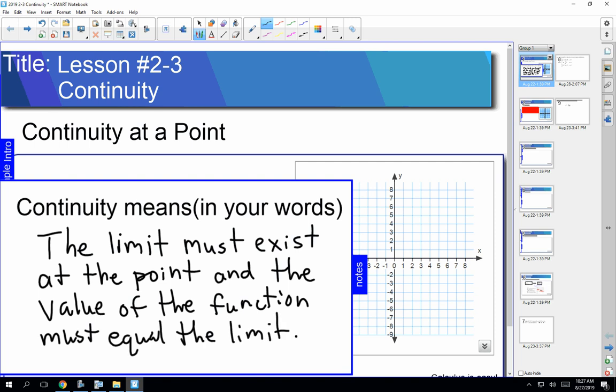And that really is the definition of continuity. That's better than what we would have expected in your own words, but we had that activity yesterday. So that is continuity at a point.